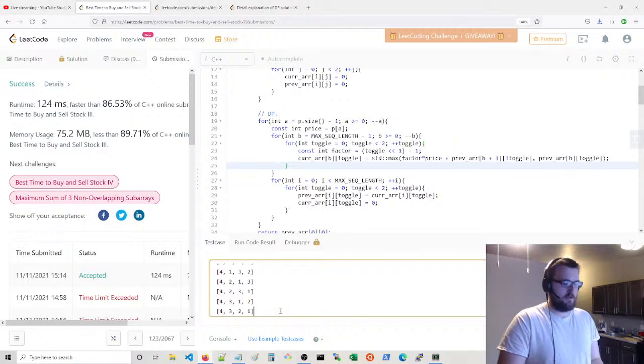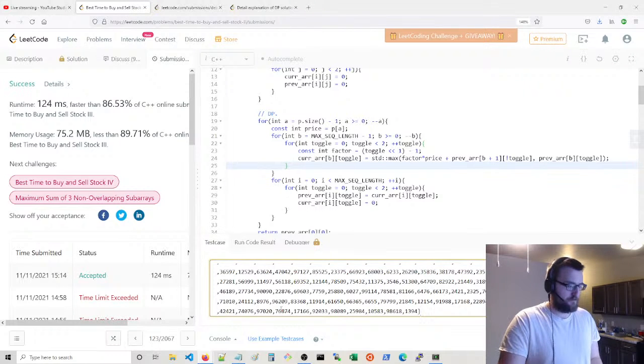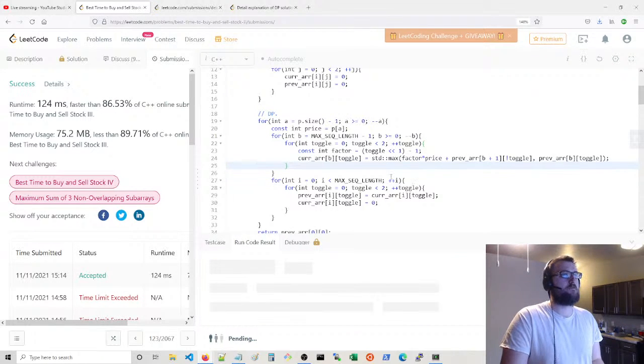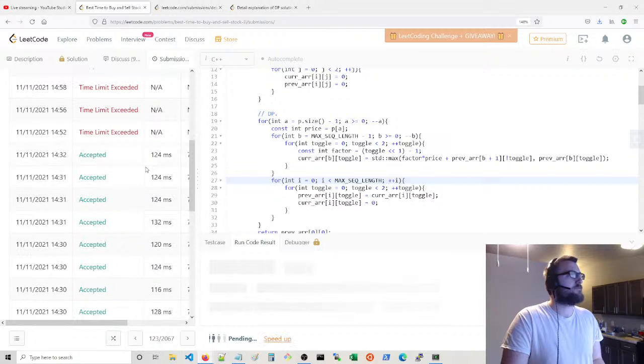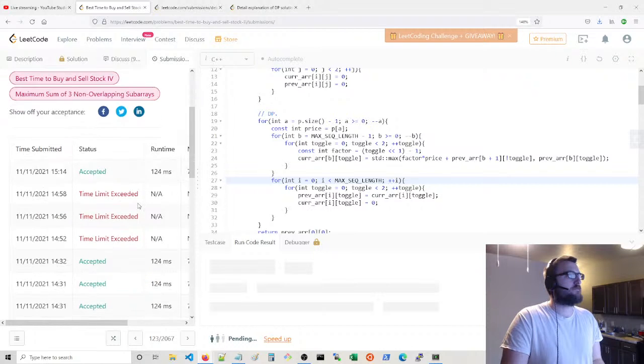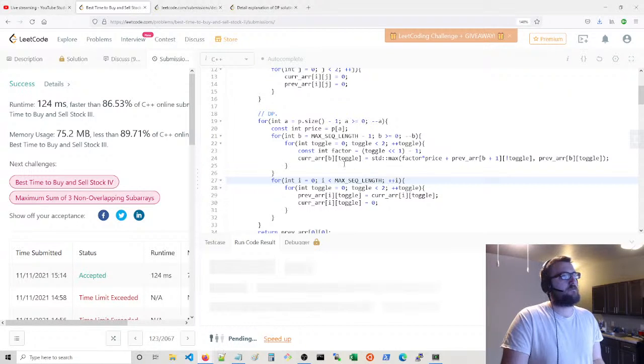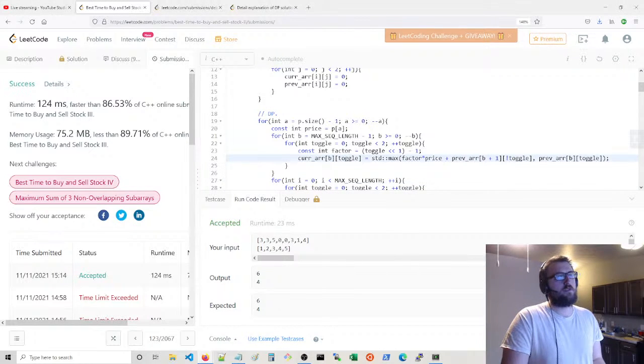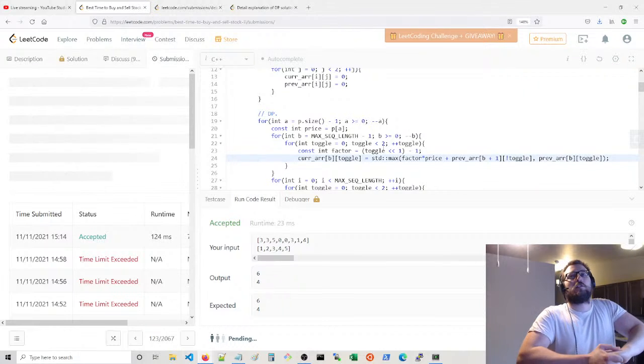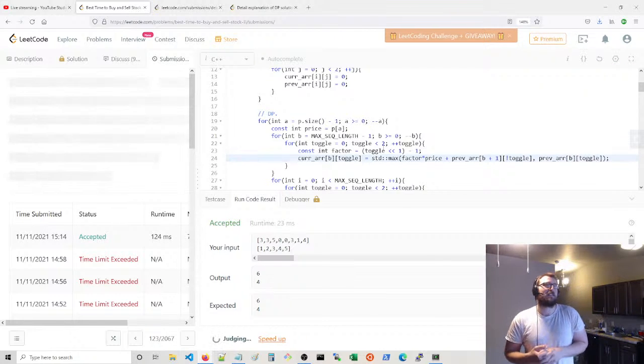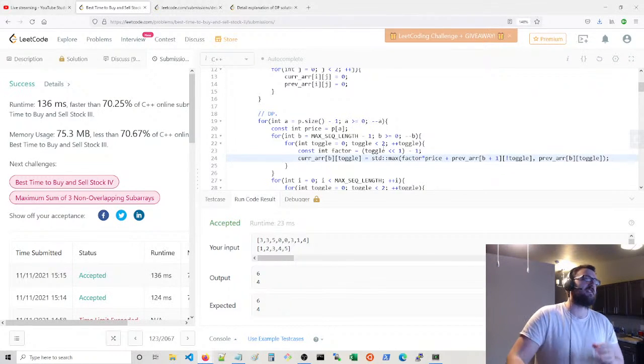Wow, it's a huge use case. Sweet. That's a lot faster. That's fast. Okay.